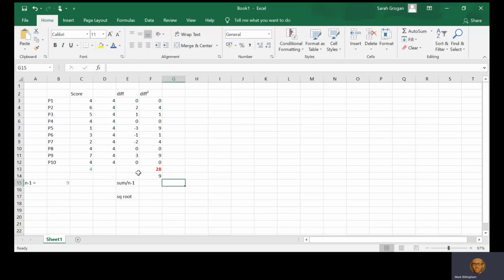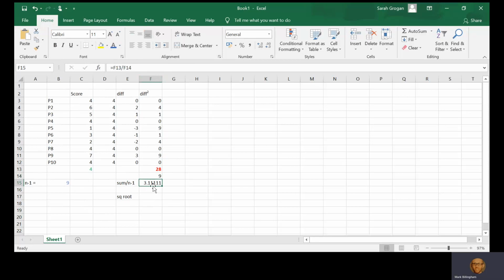So the sum, 28, divided by n minus 1, 9, is, so I'm looking for that 28 divided by that 9, which gives me 3.111111, and so on.